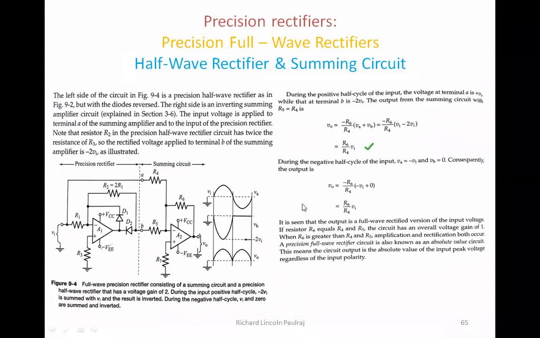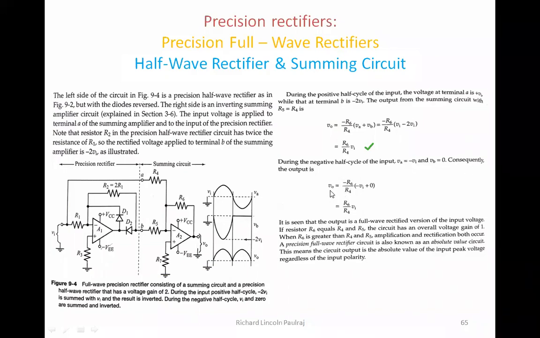Now during the negative cycle, what happens? During the negative half cycle, VA is equal to minus VI. It should be inverted, but here the 2 times is not happening; the same inversion is happening. And VB will be equal to 0.